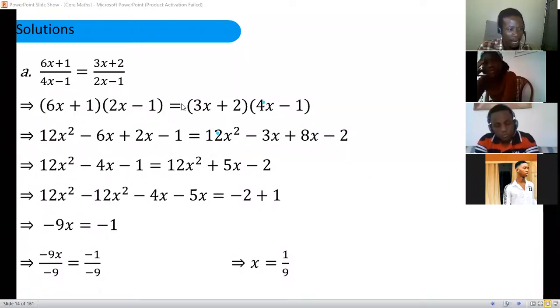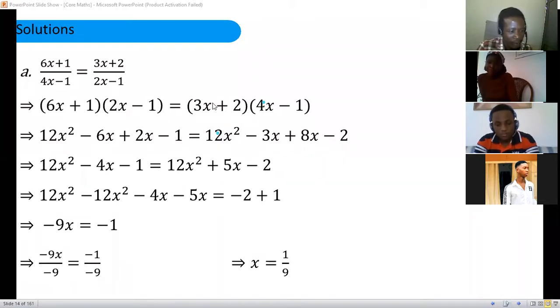Then we equate it to, we multiply the denominator of the left-hand side by the numerator of the right-hand side. That is going to give us 3x plus 2, which is the numerator of the right-hand side, times 4x minus 1, which is the denominator of the left-hand side equation. Then we put both also into brackets.